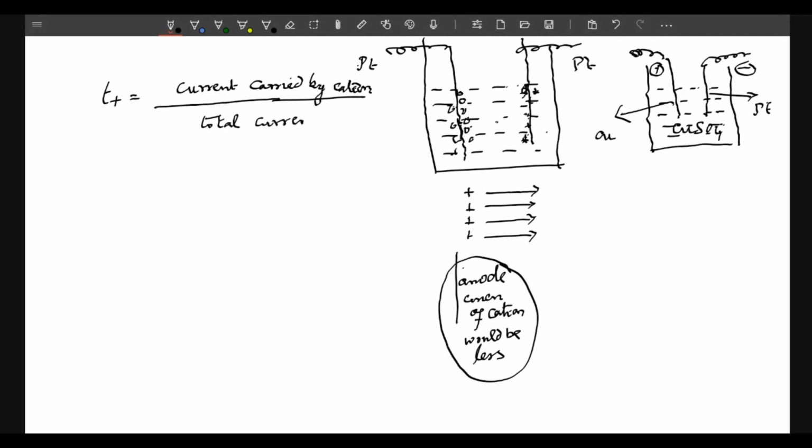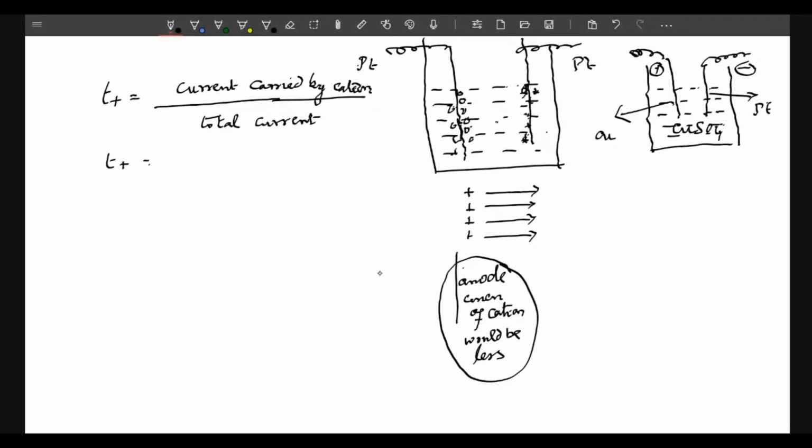This is the basic definition. Here, the current carried by the cation can be easily calculated. How? How much amount is deposited here? So much is deposited at the cathode.